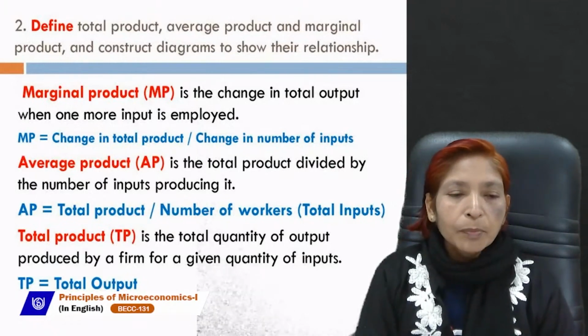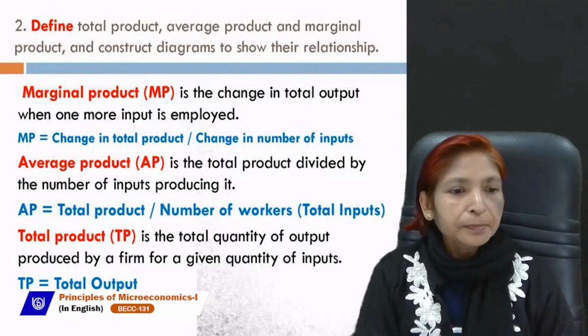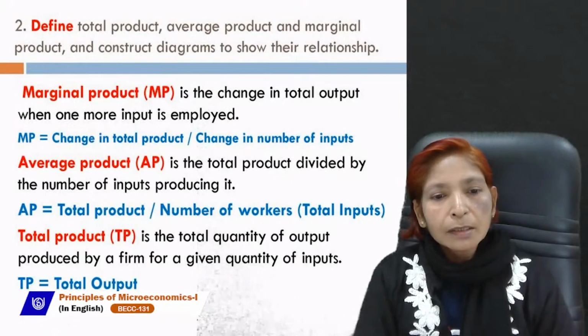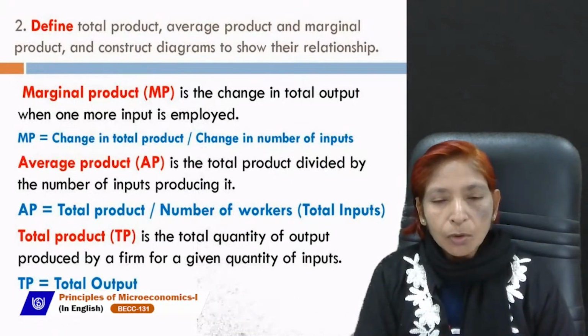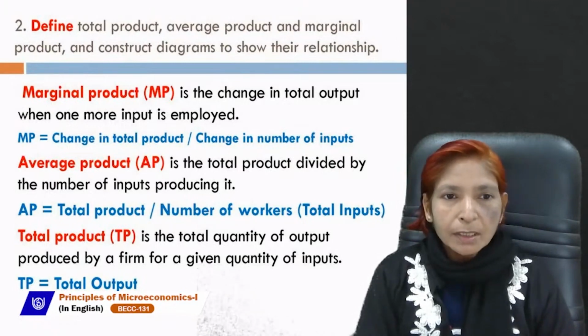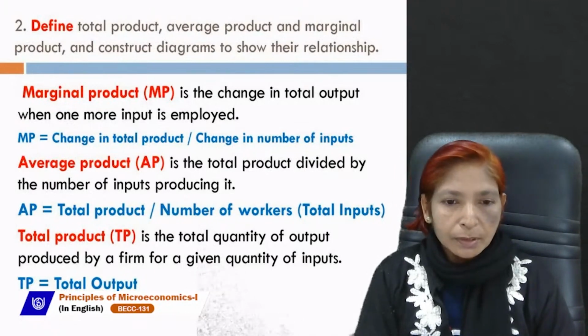Next is average product or average physical product. Average product is the product per unit of output. We can get average product when we divide total product by the number of inputs.